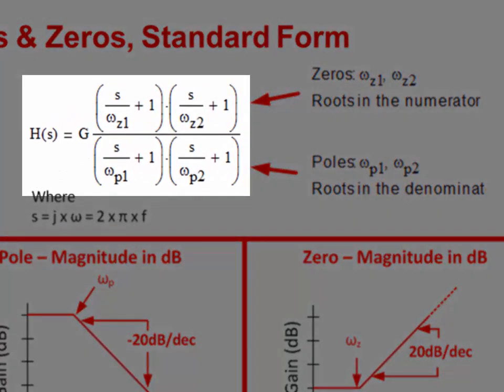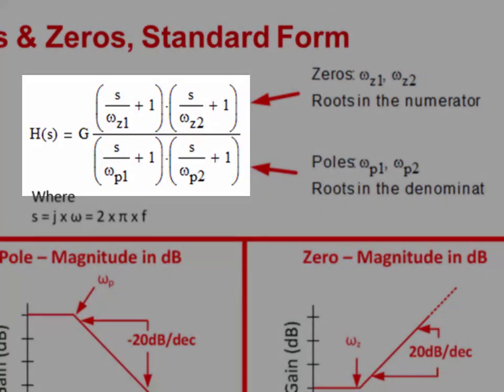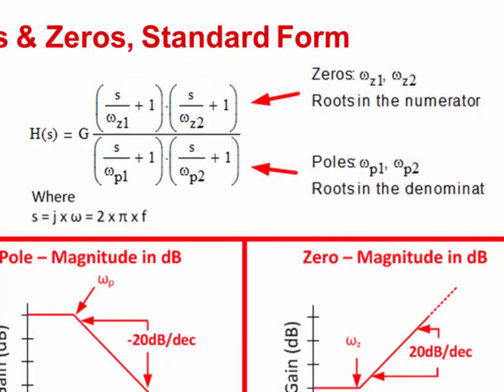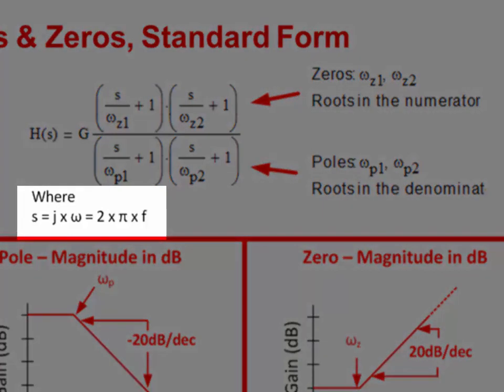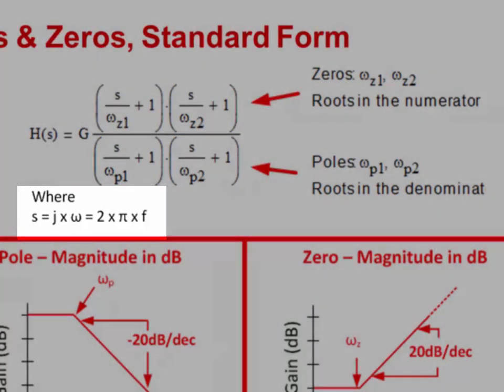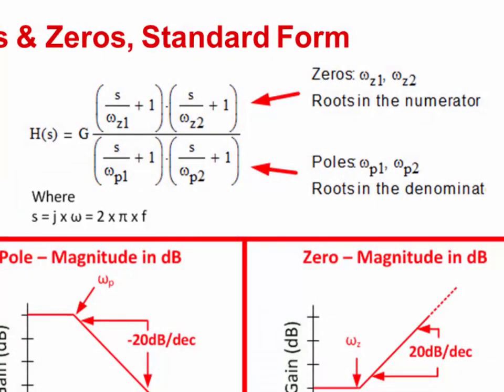H of S represents a transfer function with 2 poles and 2 zeros. The S represents j omega, where omega is equal to 2 times pi times f. The frequencies at which each term in the numerator equals 0 are called zeros. The frequencies at which each term in the denominator equals 0 are called poles.